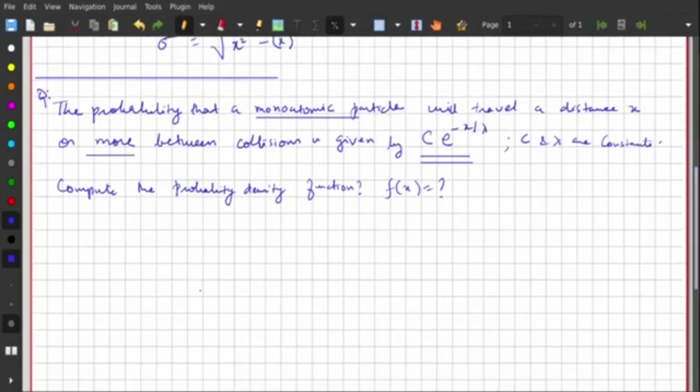It's asking for the probability that a monoatomic particle will travel a distance x or more. So that means x has to be greater than or equal to... okay, let's put it in a different way.